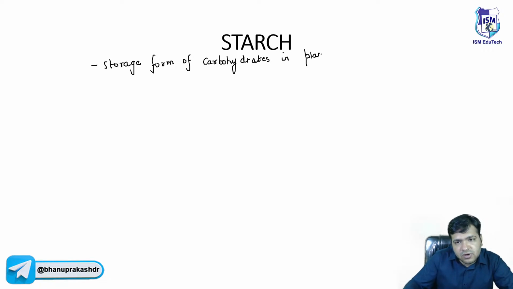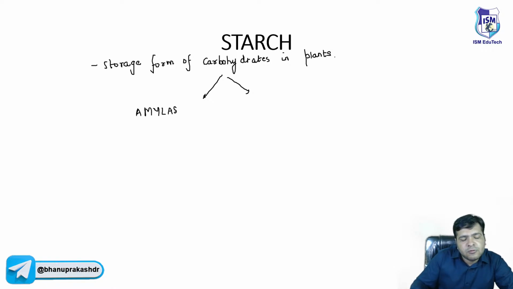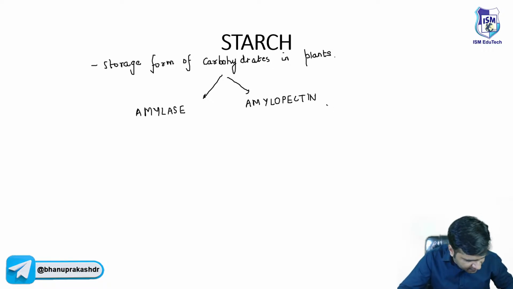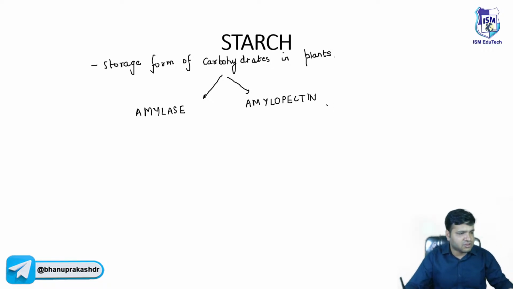We have two types of starch: amylose and amylopectin. Yes, everyone is right.